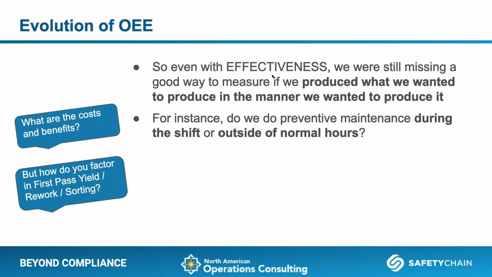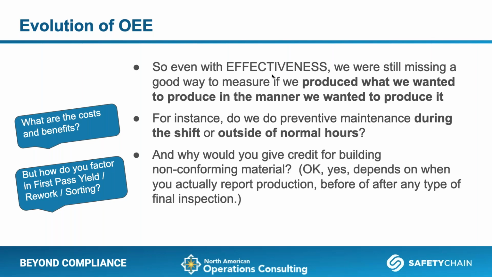For some people, that incurs a shift differential or a higher cost. In some cases, that could incur some safety or other considerations. If you do it during normal hours, then obviously you're taking away your available time. So it's just a way that we can capture some of that data and at least understand what we're doing and why, and see if that's what we want to keep doing.